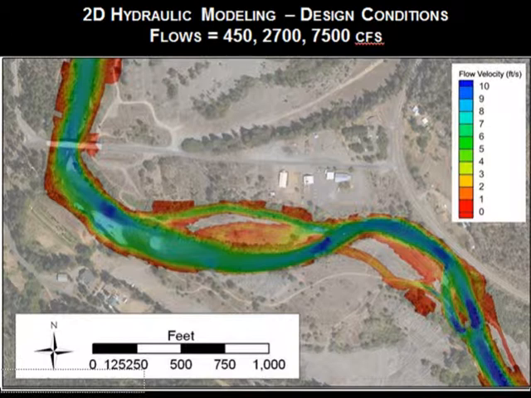There's also a side channel that is an alcove during most of the year, and at around 2,700 it starts inundating from the upstream. Here at 2,700, the water starts engaging the alcove and forms essentially a side channel that engages this off-channel rearing pond.